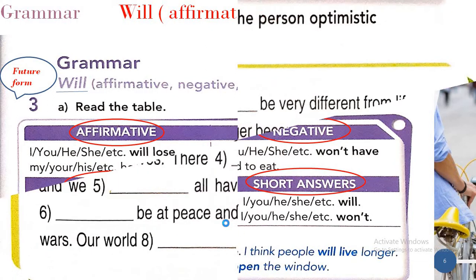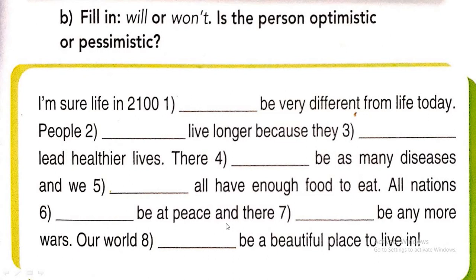Okay, good. And now let's move to exercise B. Fill in will or won't. Is the person optimistic or pessimistic? Optimistic means a positive person. Pessimistic means a negative person, someone who thinks about negative things.